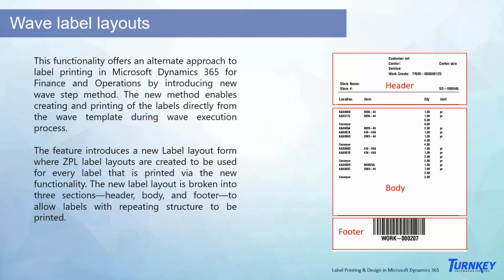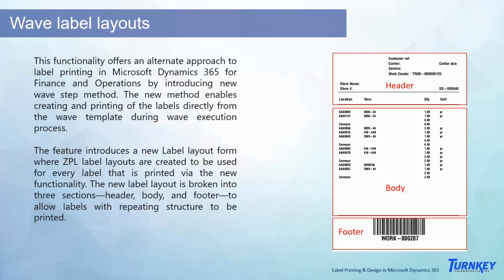This is a new feature that Microsoft is integrating as part of the standard functionality in Dynamics 365 F&O. So this functionality is available for everybody. You don't need any sort of advanced warehouse management license for this. You are able to run this kind of process.